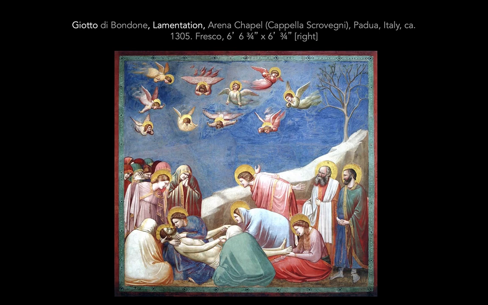And so his radical way forward is to observe nature, to record nature, and to use the natural world, human bodies, the sky, landscapes, the whole gamut, in order to translate these religious scenes.